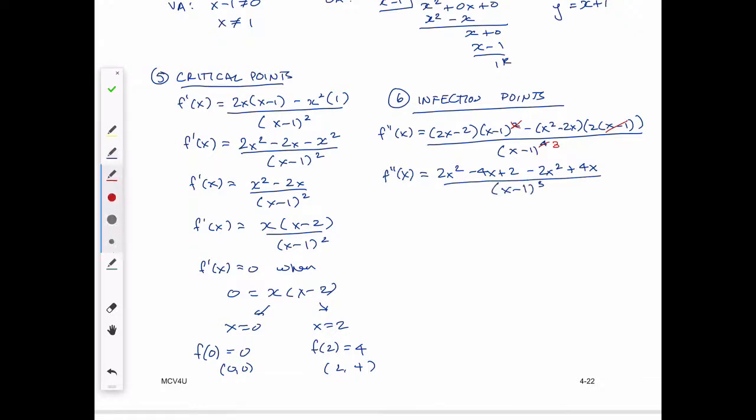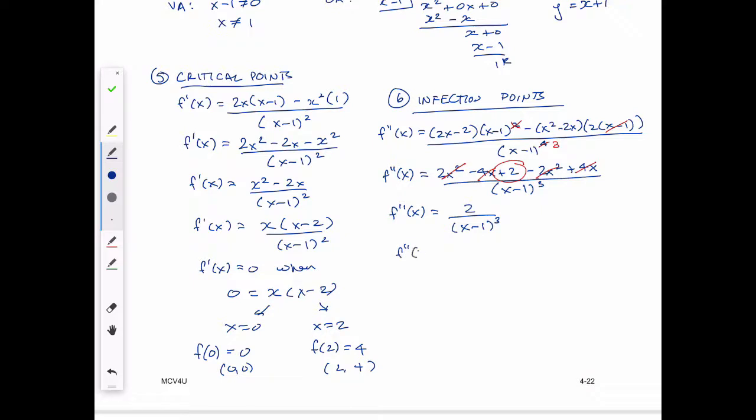Now, once again, we can start cleaning things up. We have 2x squared, subtract 2x squared, negative 4x plus 4x. The only thing we have left is the 2. So we have f double prime of x is equal to 2 over x minus 1 exponent 3.